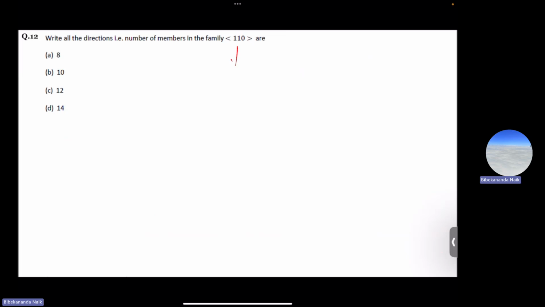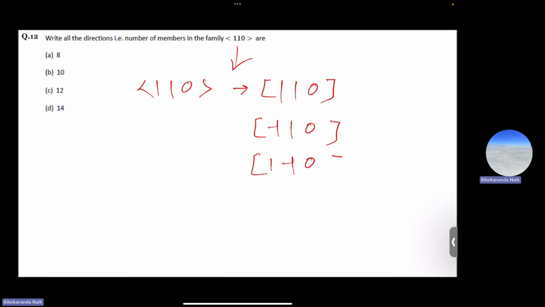Suppose this is the family 110. Now this 110 we can write as 110, -110, 1 -1 0, -1 -1 0.